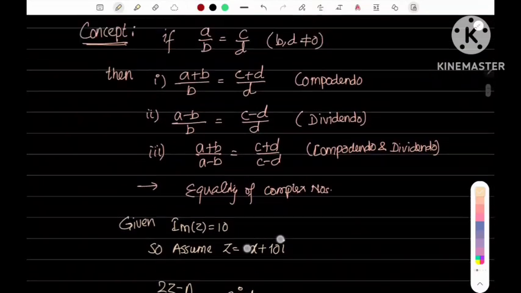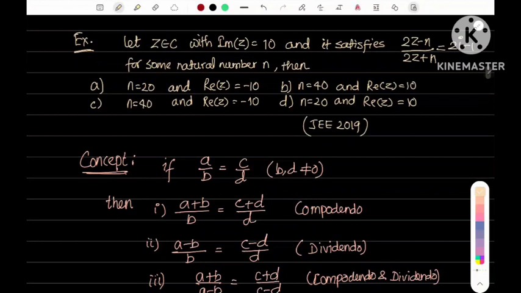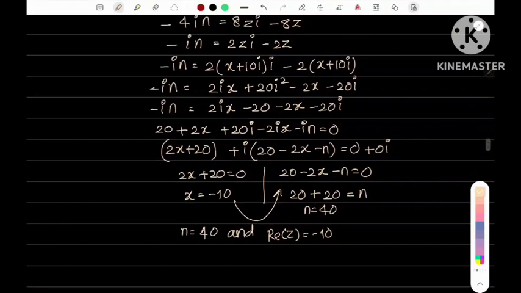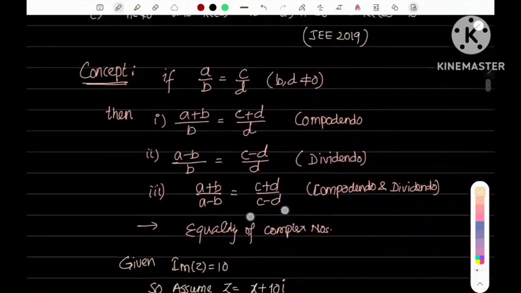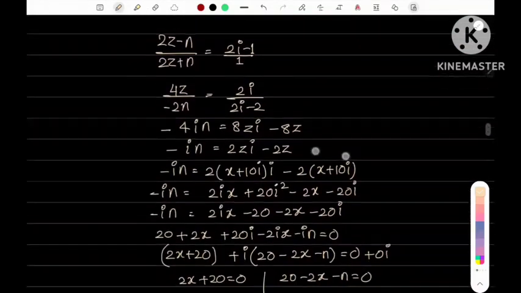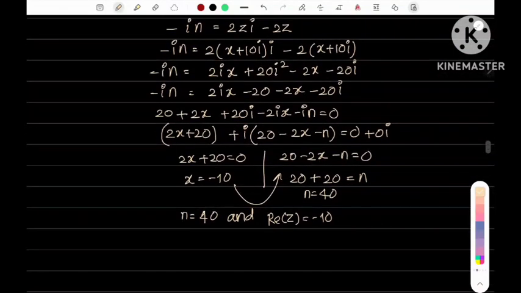So n is equal to 40, this one, C. So this is the correct answer, right? Yeah, C is the correct answer. It is a simple question. Two concepts we have to remember: componendo and dividendo, and then equality of complex numbers.